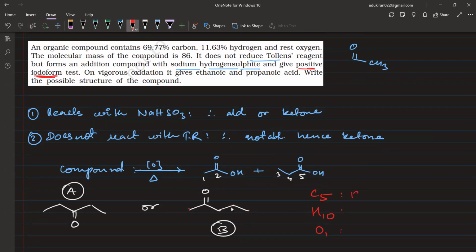C5 यानी 12 into 5 is equal to how much? H10 का मतलब क्या हो जाएगा? What is the molar mass of hydrogen? So 1 into 10, and for oxygen it will be 16 into 1, है ना? इनके परसेंटेज देखिए, इससे मैच कर रहा है या नहीं कर रहा है?